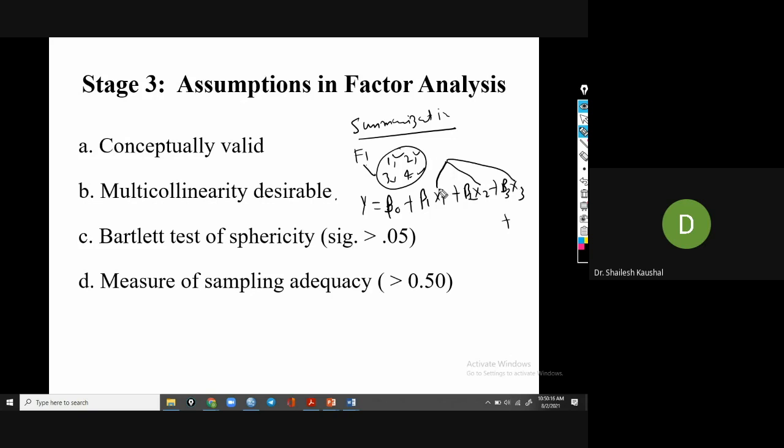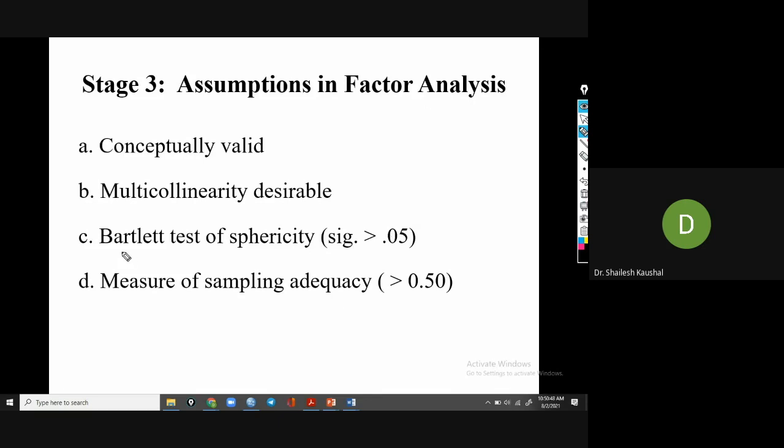It means there should be zero correlation between x1 with x2, x1 with x3, and x2 and x3. So multicollinearity is a problem in multiple regression analysis. But in exploratory factor analysis, it is desirable because we are taking highly correlated questions and clubbing them into one segment or one factor.